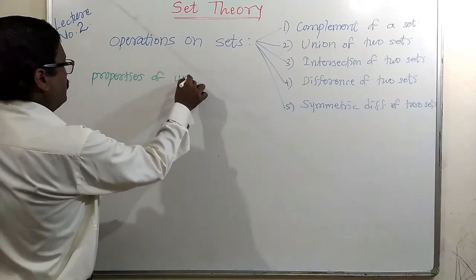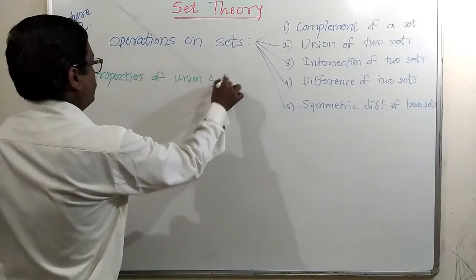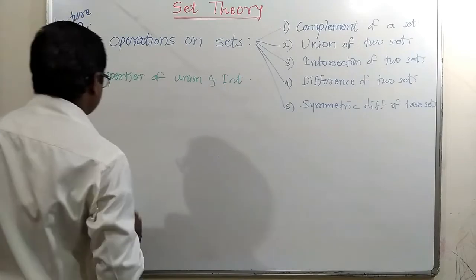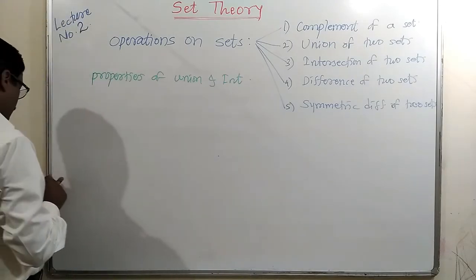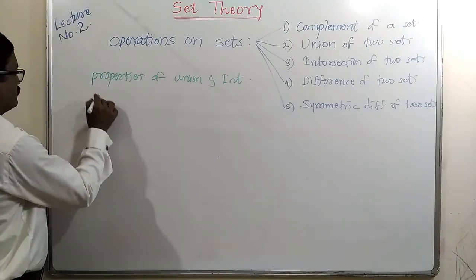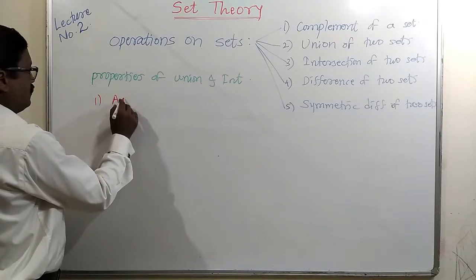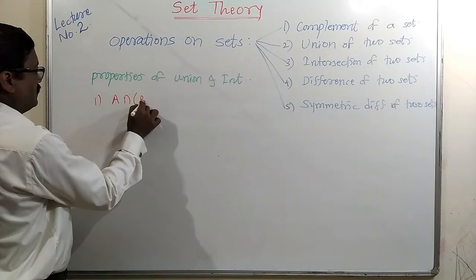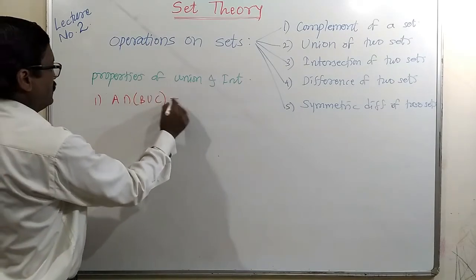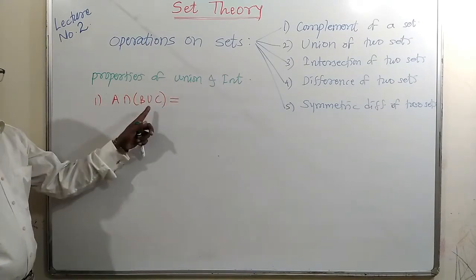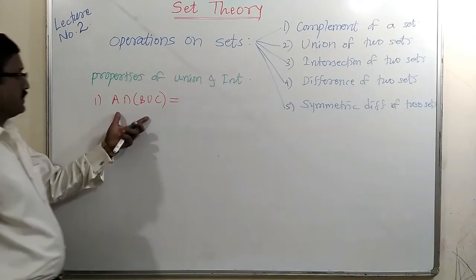Properties of union and intersection. First one, that is the distributive law, that is A intersection (B union C). In this property, intersection and union both occur at a time.